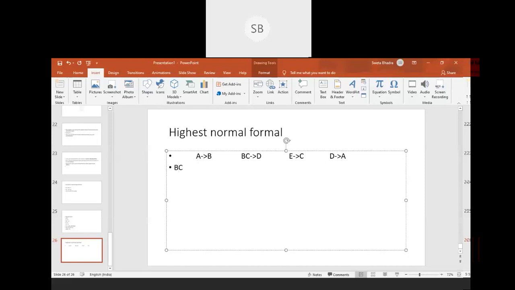What is the criteria for a functional dependency to be in BCNF? The left hand side must be a candidate key. So tell me if any of these will be in BCNF or not. No. So let me write no.